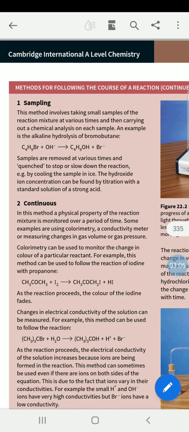Then write the second subtopic, continuous method.